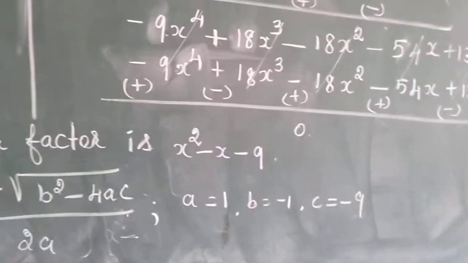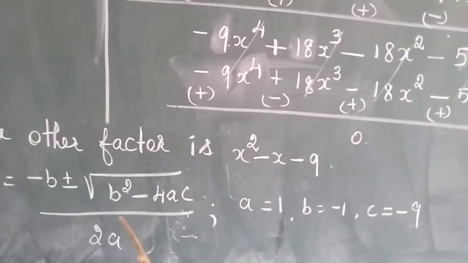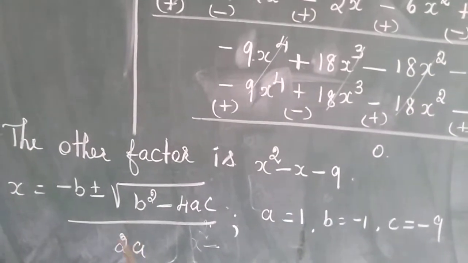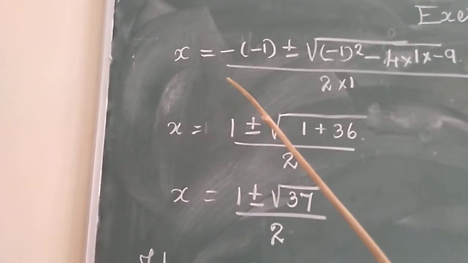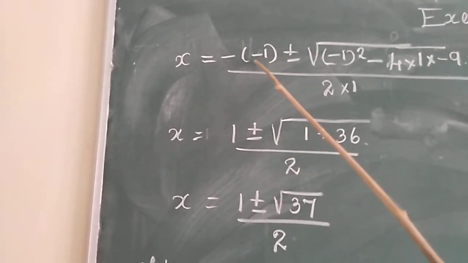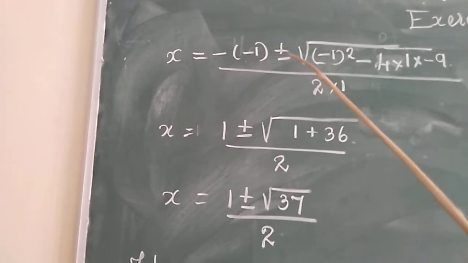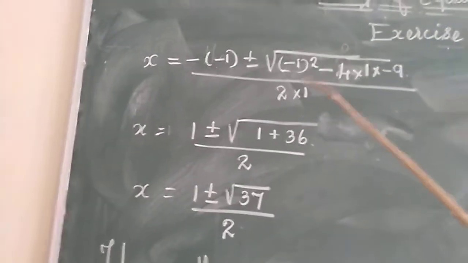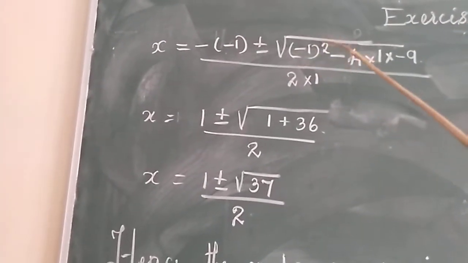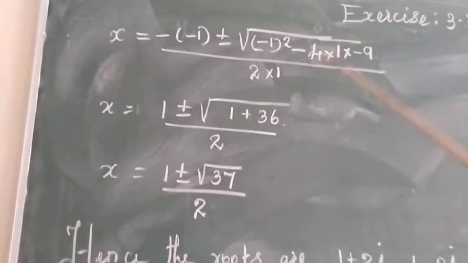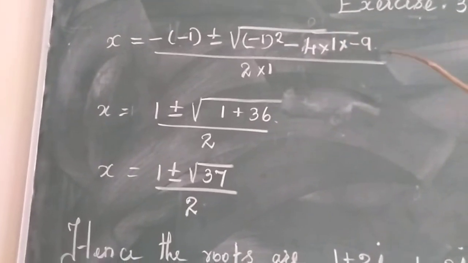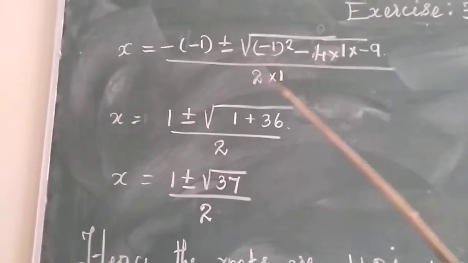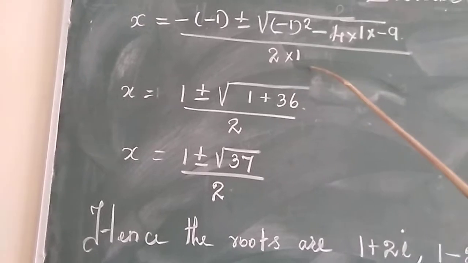Now we are going to substitute these values in this formula and find the value of x. When you substitute, in place of minus b it is minus of minus 1, plus or minus square root of minus 1 the whole square, minus 4 into the value of a, which is 1, into c value, which is minus 9, divided by 2a, which is 2 into 1.